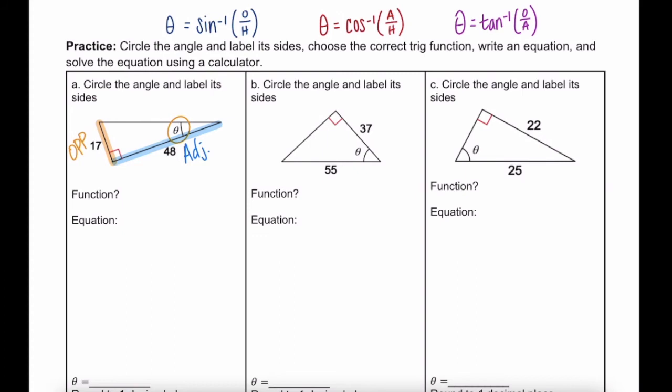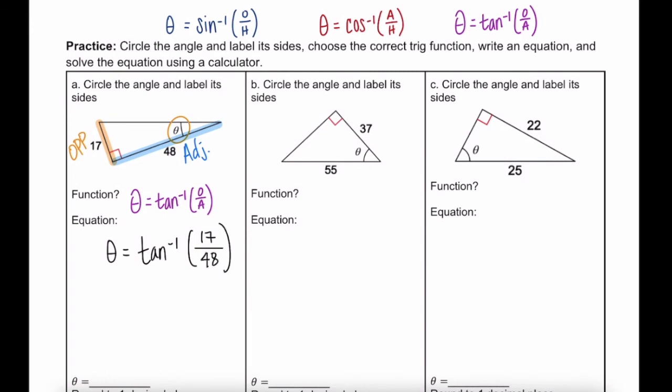We're going to use the inverse tangent function because we are solving for an angle given the opposite and adjacent. So our unknown angle is theta equals the inverse tangent of our opposite side, 17, divided by our adjacent side, 48.